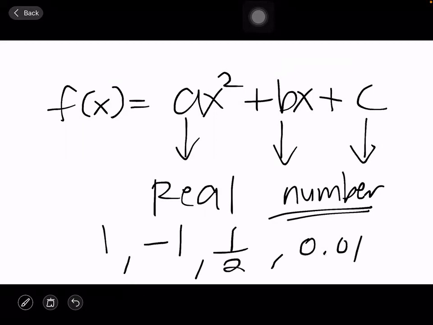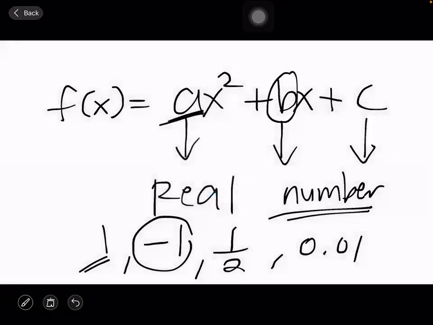Therefore, this a, b, c ay nag-iiba-iba depende kung ano pong given na equation. Pwede pong si a maging 1, pwedeng maging negative 1, and si b pwede maging 1 half, maging 0.01, and so on and so forth. So that is a, b, and c.